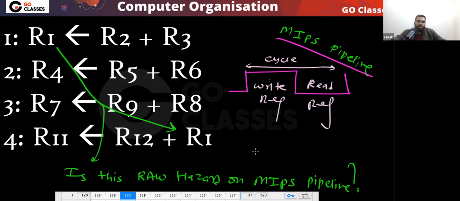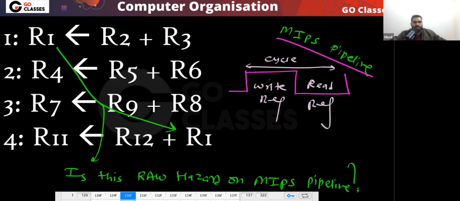With this assumption, you are going to tell me the answer. Just focus on this dependency. You only have to focus on dependency 1,4.